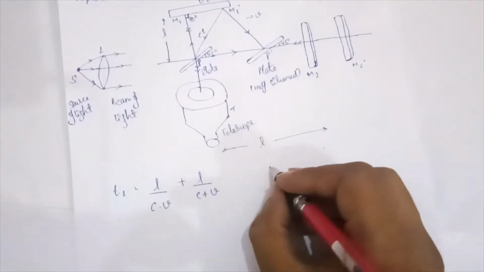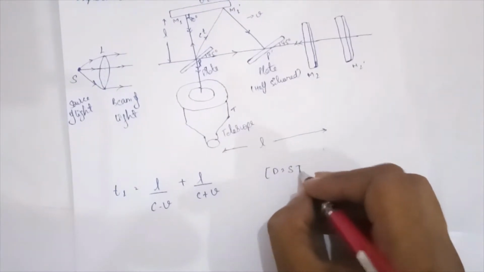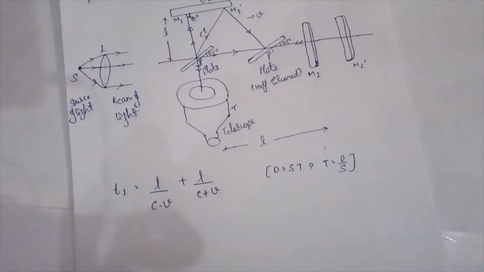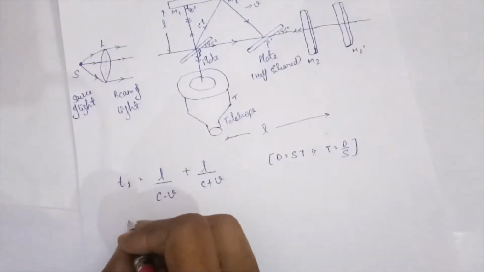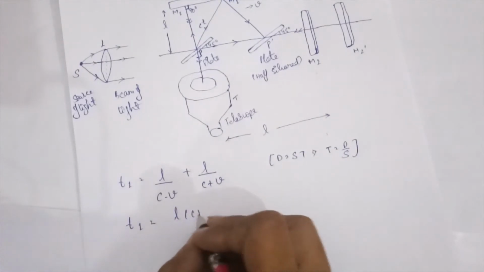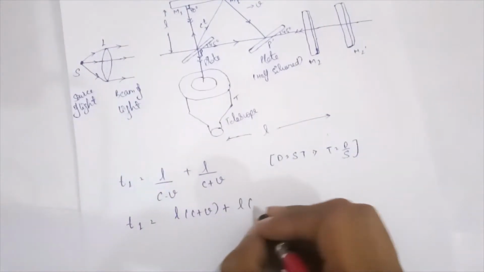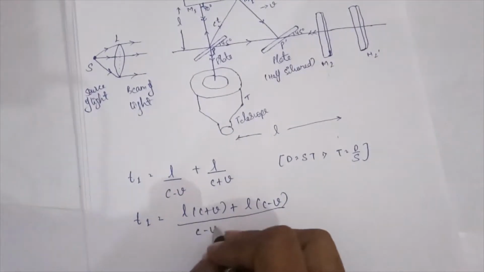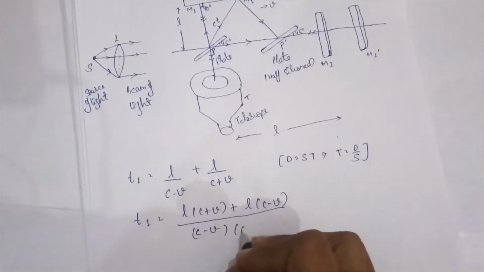As we know that distance is speed into time, which implies time is distance upon speed, right gentlemen? So T1 equals L into (c plus v) plus L into (c minus v), upon (c minus v) into (c plus v).